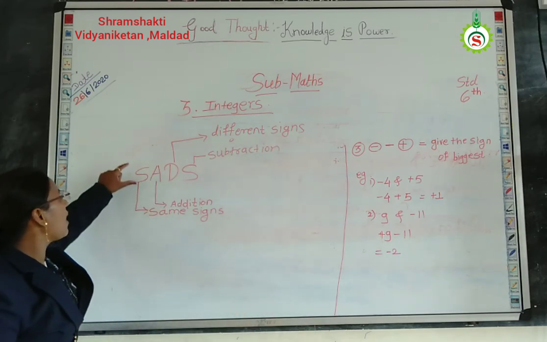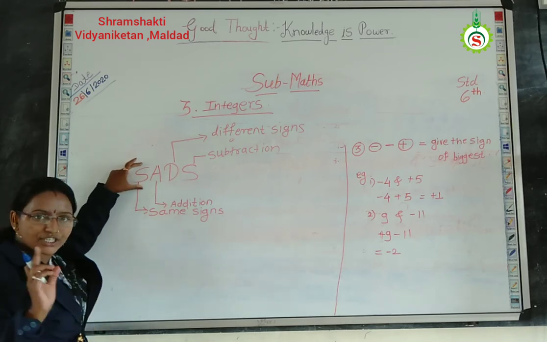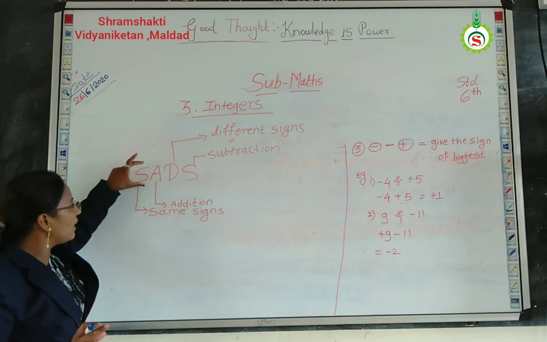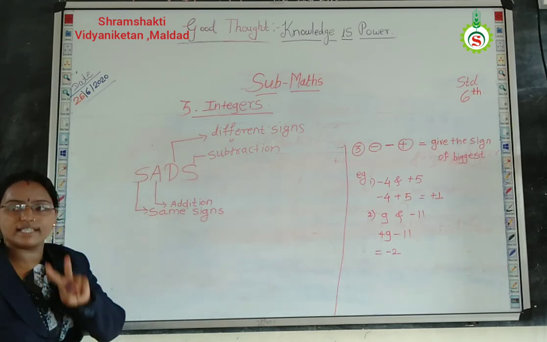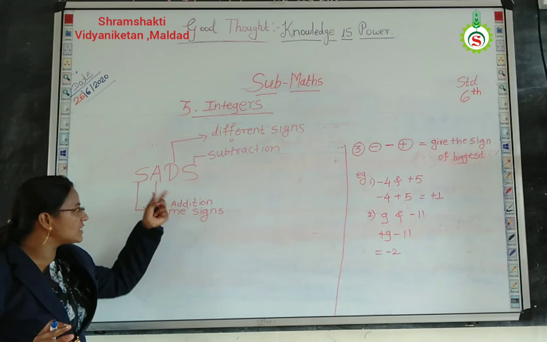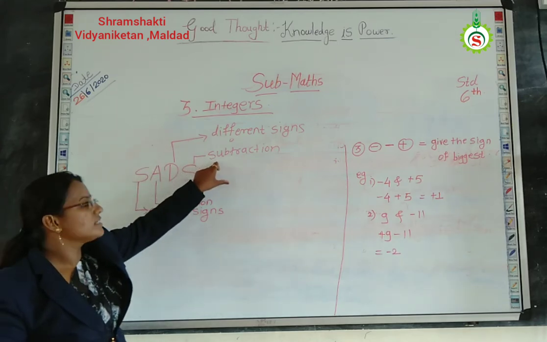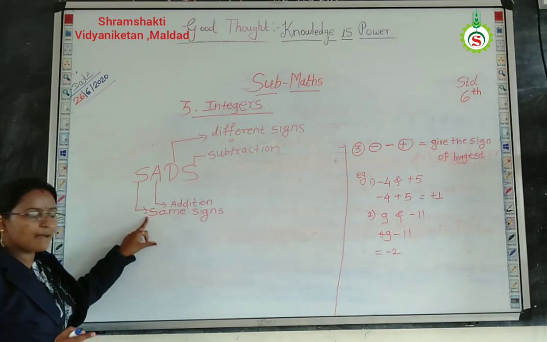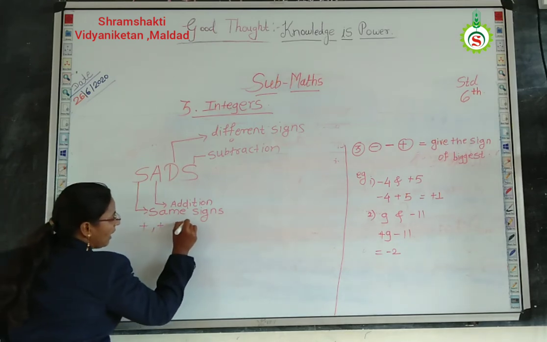So keep in mind that for addition of integers, only SDAS. When both integers have the same sign, do addition, and when both have different signs, do subtraction. Same sign means either plus or minus.